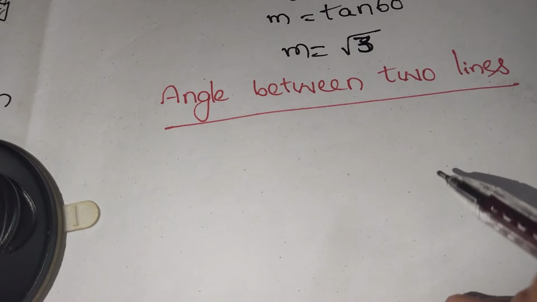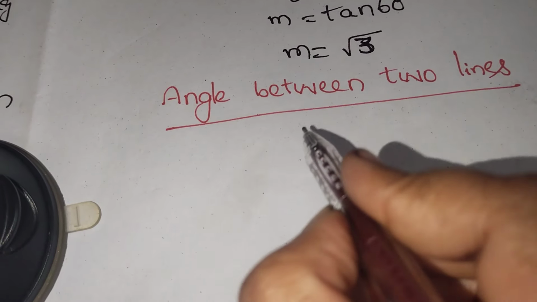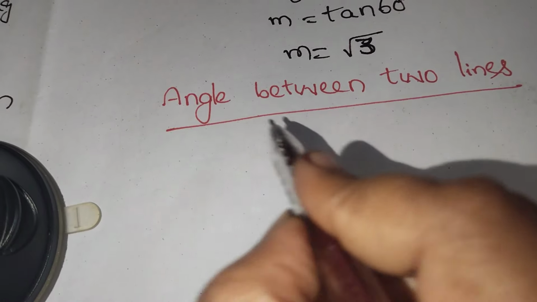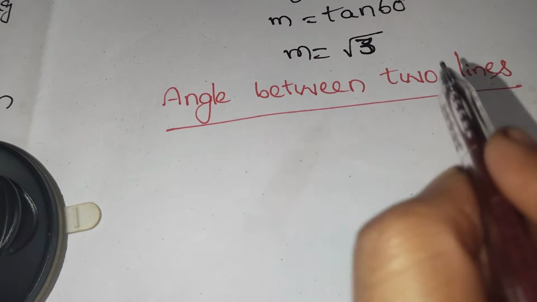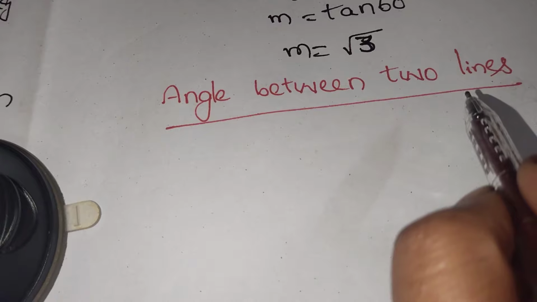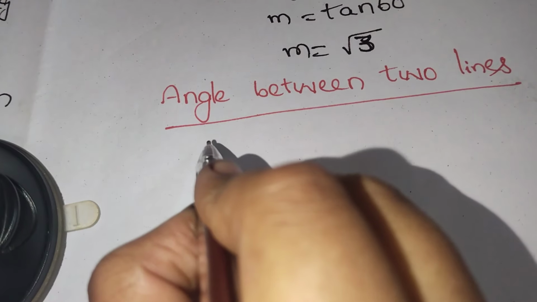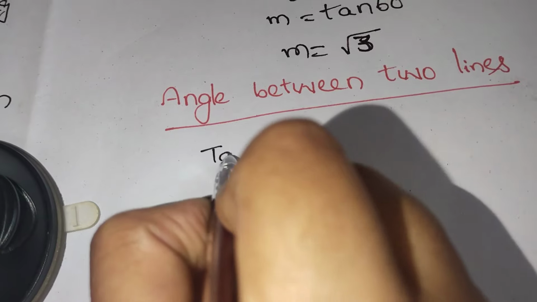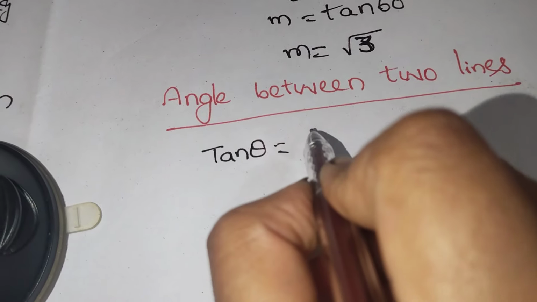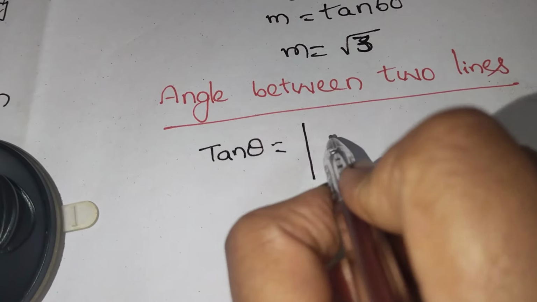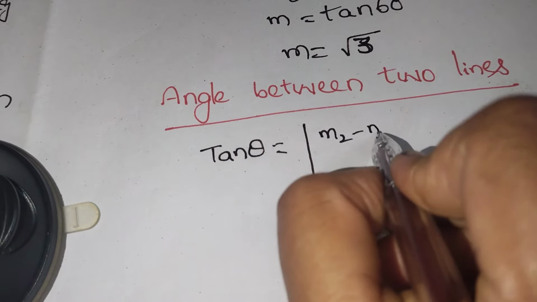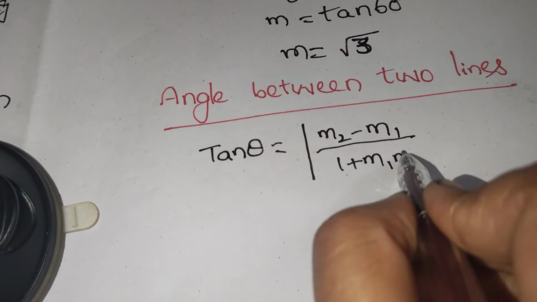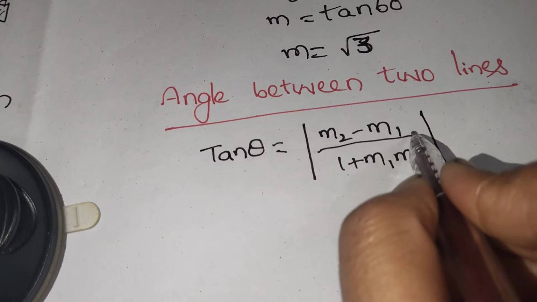The next concept is the angle between two lines. This concept is very important. Suppose they ask a question like: find the angle between two lines. Then first we write the formula. The formula for this is tan theta equals mod of (m2 minus m1) divided by (1 plus m1 into m2).